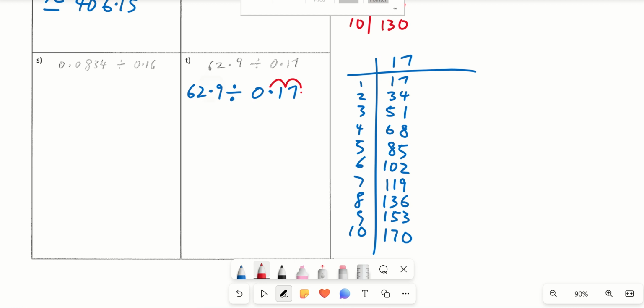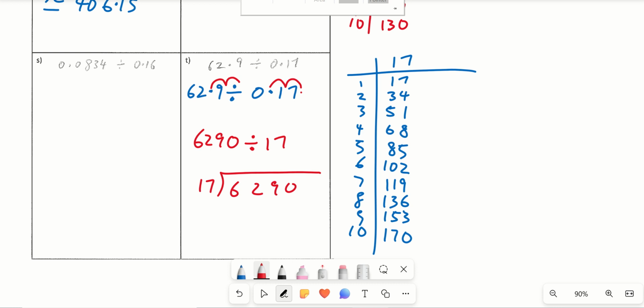So we move the decimal point 2 decimal places to the right. So we end up with 6290 divided by 17. So we put 6290. Put a bit more space in there. 6290 divided by 17.